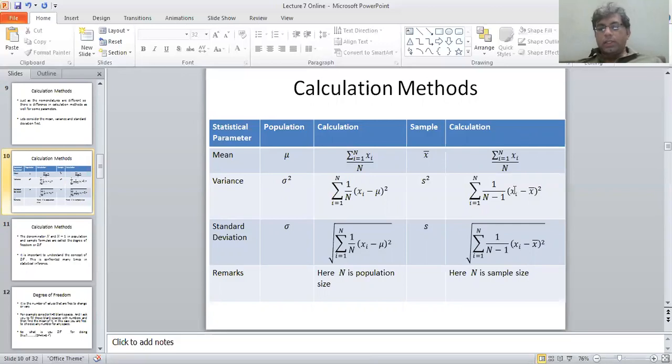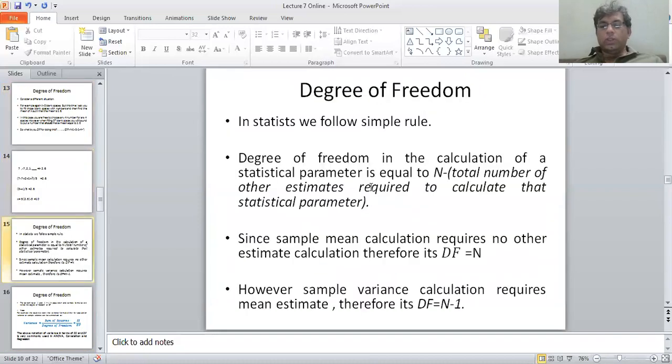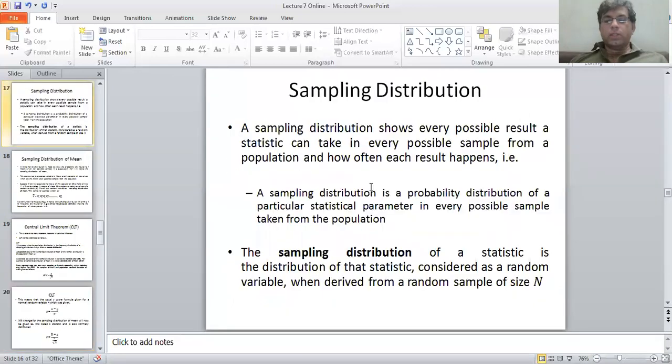Like over here, xi minus x bar square, and then summing them from 1 to n, and then dividing it with n minus 1. Likewise in the population variance as well. So the ratio of these two quantities, sum of the squares and degree of freedom, gives us the variance. And it's important to understand this because this definition of variance would be used when we will be discussing analysis of variances or ANOVA, correlations, and as well as in the regressions.